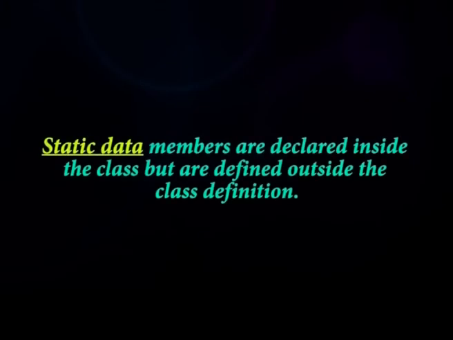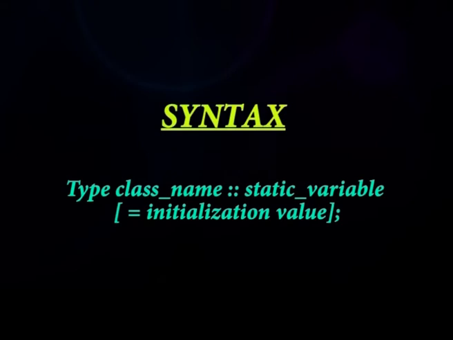Static data members are declared inside the class but are defined outside the class definition. The syntax is as shown. By default, a static data member will be initialized to 0 at the time of object creation, but it can be initialized to any value during declaration also.